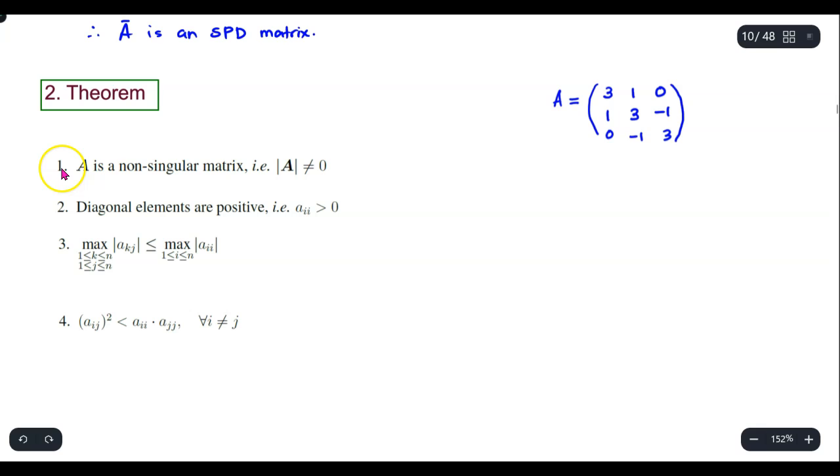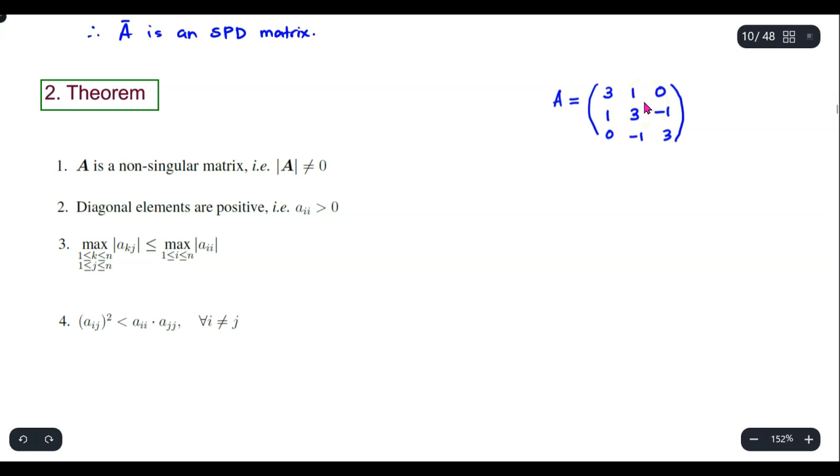Before you proceed with number 1, 2, 3 and 4 here, first of all you need to make sure your matrix A is a symmetric matrix. Otherwise it is not symmetric positive definite. I'm taking the same example as before. This is your matrix A.